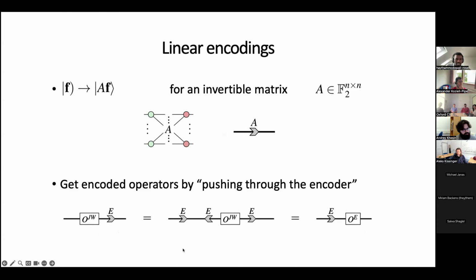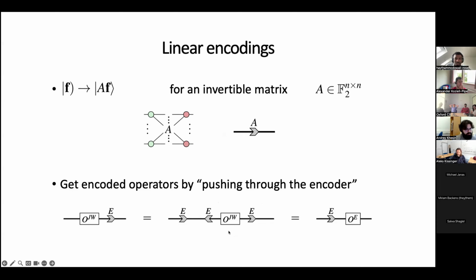The reason that works is because we can introduce a matrix arrow E, and then matrix arrow E going in the opposite direction. If E is invertible, these things will cancel each other out. So what we've basically done here is introduce an identity wire. And this is very analogous to a change of basis.